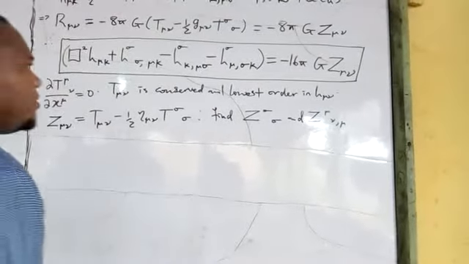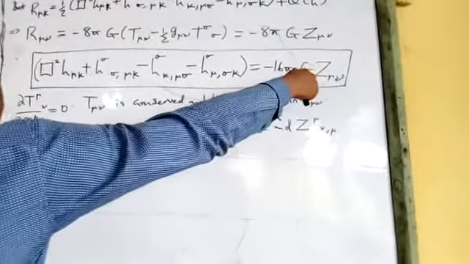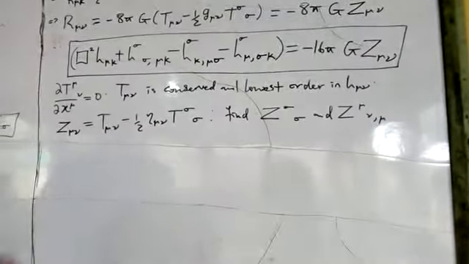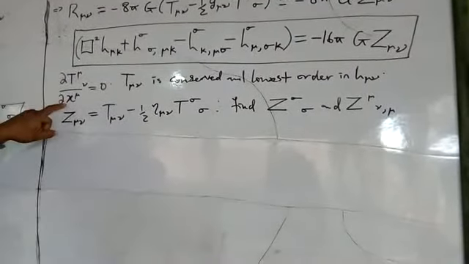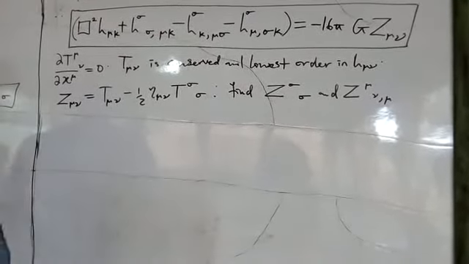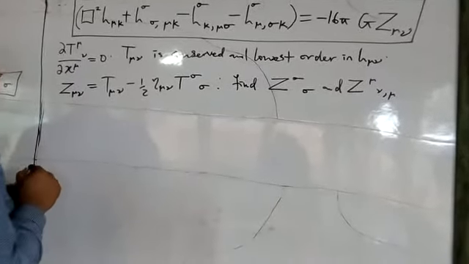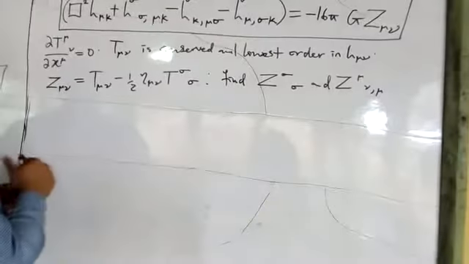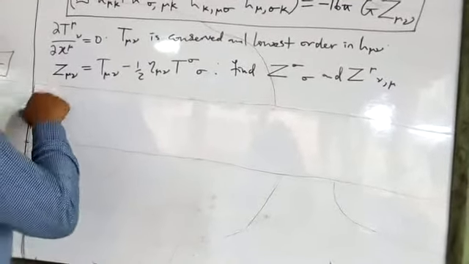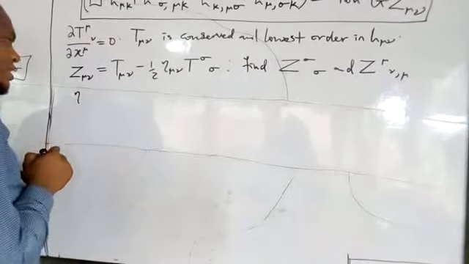We're assuming that T mu nu, as contained in Z sub mu nu, is of the lowest order in H sub mu nu, and that it is conserved. In other words, when I differentiate it with respect to x mu in this form, it is equal to 0. First of all, let me try to perform some sort of contraction on mu and nu. By doing that, I'll try to raise mu all over the expression. Remembering that in this linearized theory, what I'm going to be using for raising or lowering is eta.